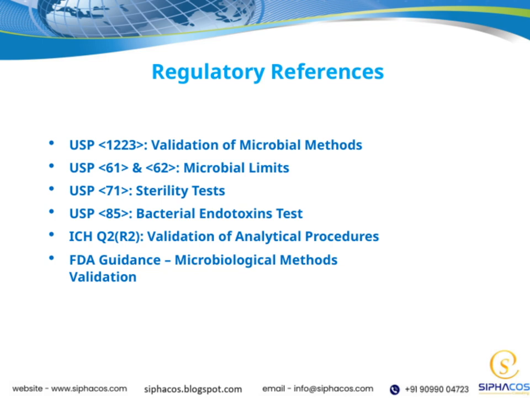Additionally, the FDA guidance on microbiological methods validation offers practical insights into establishing sound validation processes in compliance with regulatory expectations. All these references together form a comprehensive regulatory framework that supports the integrity and safety of our microbiological testing. Understanding and applying these standards is vital to maintaining product quality and ensuring patient safety throughout the development and manufacturing processes.